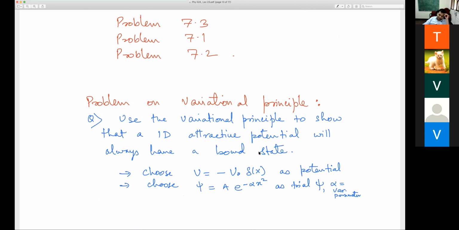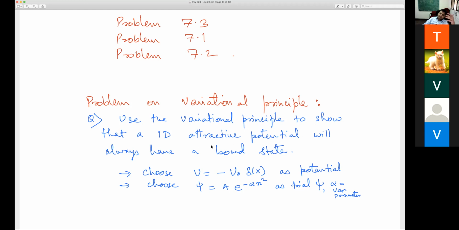So proof of existence, let's say. Okay, so this is an example of a problem where I have to prove the existence of a bound state, etc. So use the variational principle to show that a 1D attractive potential will always have a bound state. Okay, so you can choose any attractive potential. As long as it is attractive, it will always have at least one bound state. Okay, so that's the statement, and you can prove this using the variational principle in general.